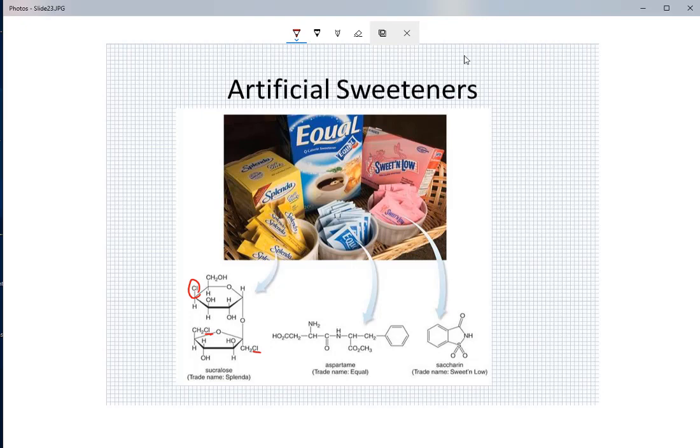Aspartame is actually a dipeptide. Di means two, peptides means it's made of two amino acids. The first one here is aspartic acid. Don't worry about knowing the names of any of these, but it's a dipeptide, and that's the first one, aspartic acid. The other peptide in here is phenylalanine.